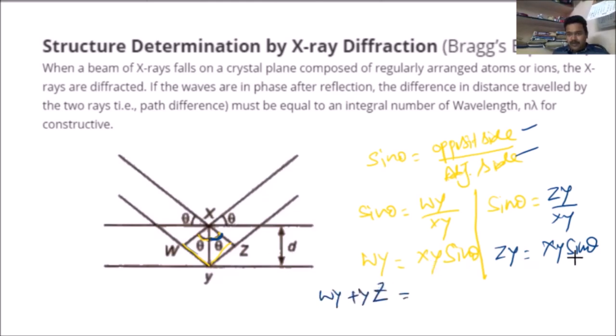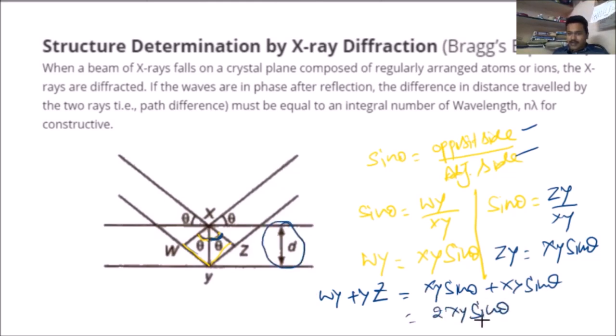This means XY sin theta plus XY sin theta. How much is coming? 2 XY sin theta, and XY we consider here as d.